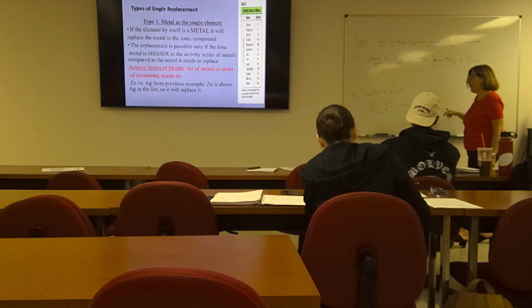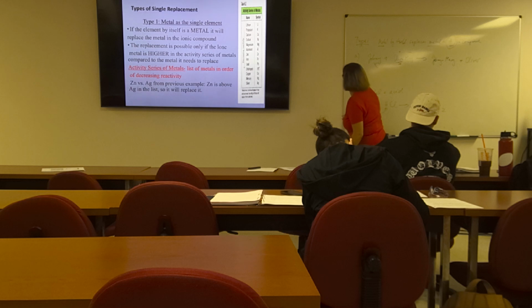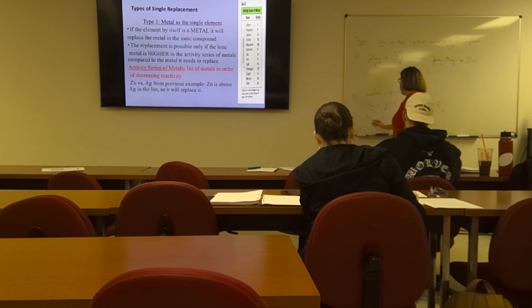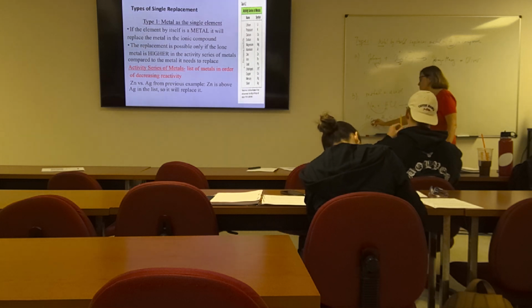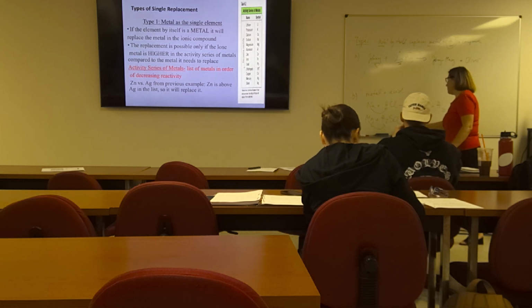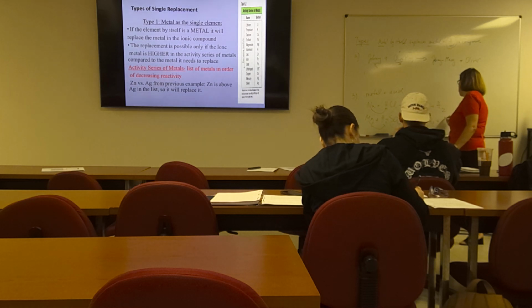Good? Okay. What if you have, I want to say, magnesium that reacts with sulfuric acid? Okay, magnesium is above hydrogen, it's going to switch. So you're going to have magnesium that combines with SO4 now, and then hydrogen goes by itself.